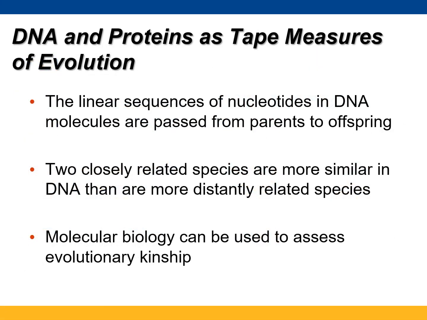And in addition to the idea that these things are functional in cells, they can also serve our ends in understanding science and understanding what's going on in our universe, in that we can actually use these as a quote-unquote tape measure of evolution. DNA is incredibly durable. In fact, we're harvesting DNA from things like amber, and it can withstand even relatively harsh treatments like dry cleaning and so forth.